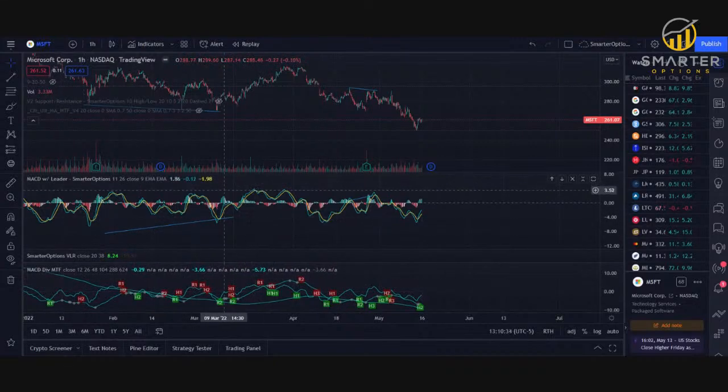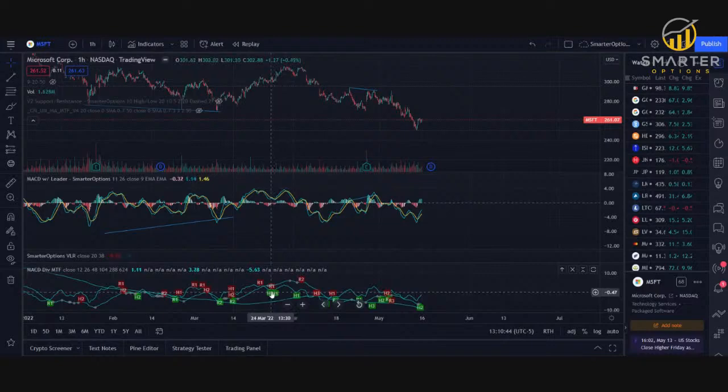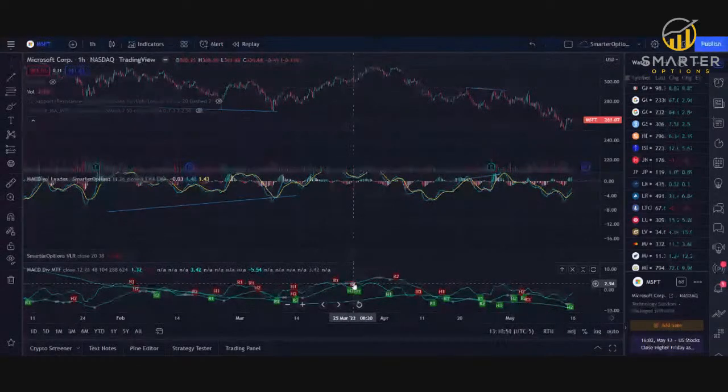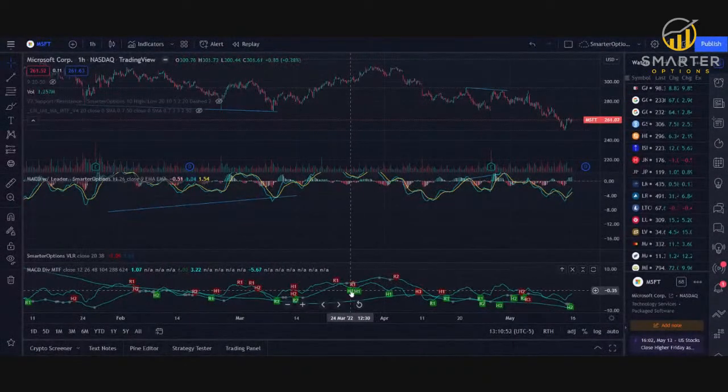So right here it says R2. That's a regular divergence on the 4 hour chart that came up. Right here, we have a regular bearish divergence, but we have 2 hidden bullish divergences that kind of came at the same time.